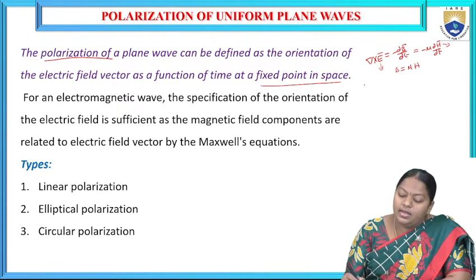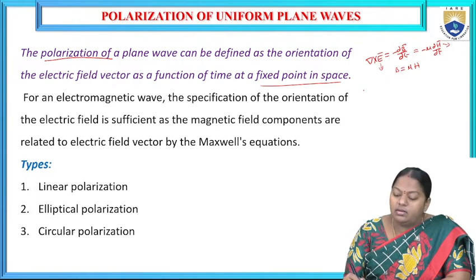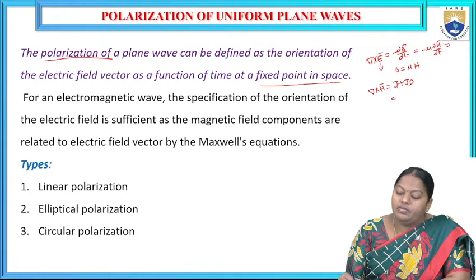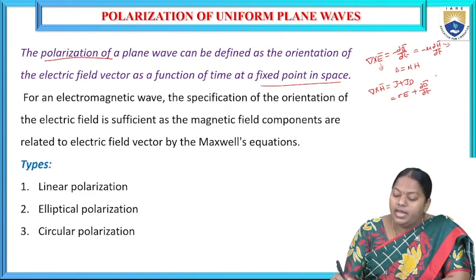Similarly, in the other Maxwell's equation relating the electric and magnetic fields, del cross H bar equals J plus JD, where J is the conduction current density, given by sigma into E, and JD is dou D bar by dou t, where D bar is epsilon into E. Substituting, we get sigma into E plus epsilon into dou E bar by dou t.